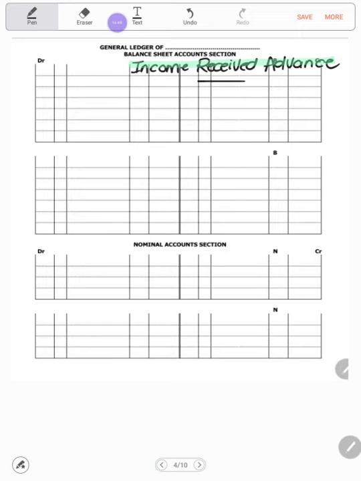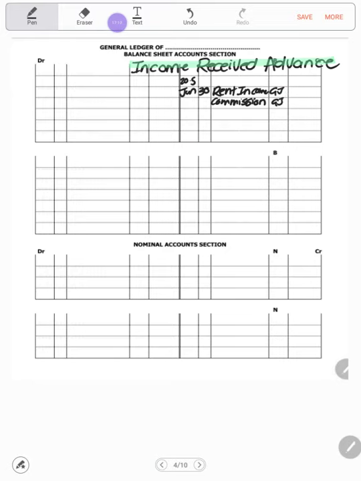And there are two accounts that we've established that has been received in advance. And that was your rent income and your commission income. Okay, I am putting it on the credit side because liabilities go on the credit side.